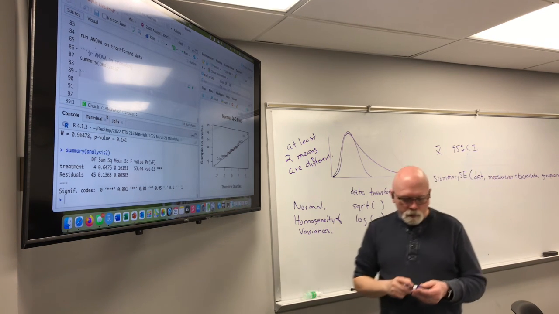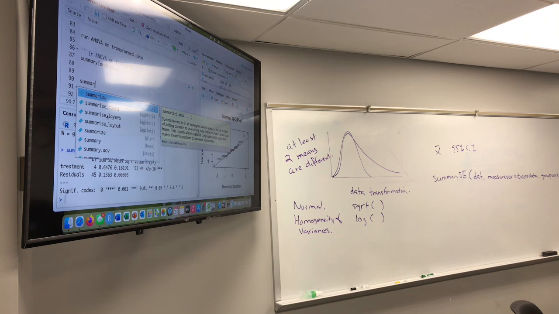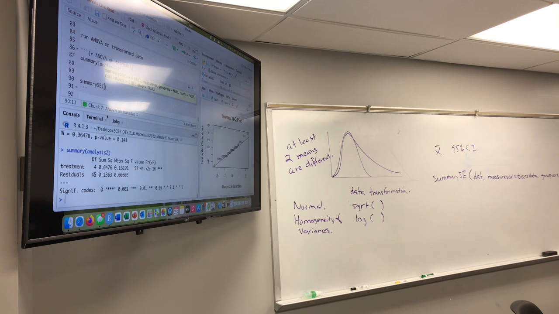So let's try that and see if I made any misspellings. Remember, one of the ways to avoid misspellings is by using tab complete. When you have a function, up there, it will tell you what you need to have. It's going to tell you that you need data, a measured variable, and group variables, and so we'll just put those things in.